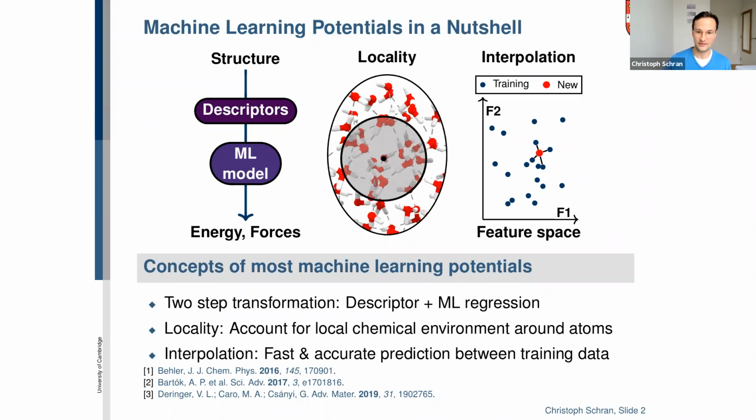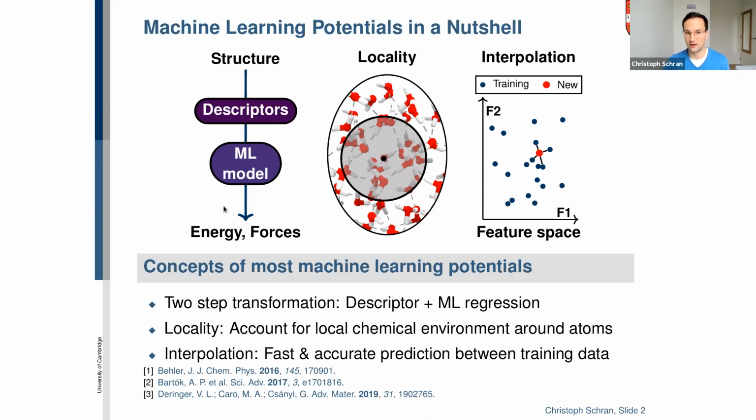The main idea is, of course, that we would like to develop a representation of the structure-energy relationship. And for essentially all of the existing machine learning potential approaches, that is usually done in a two-step process. You've seen that in most of the other talks.